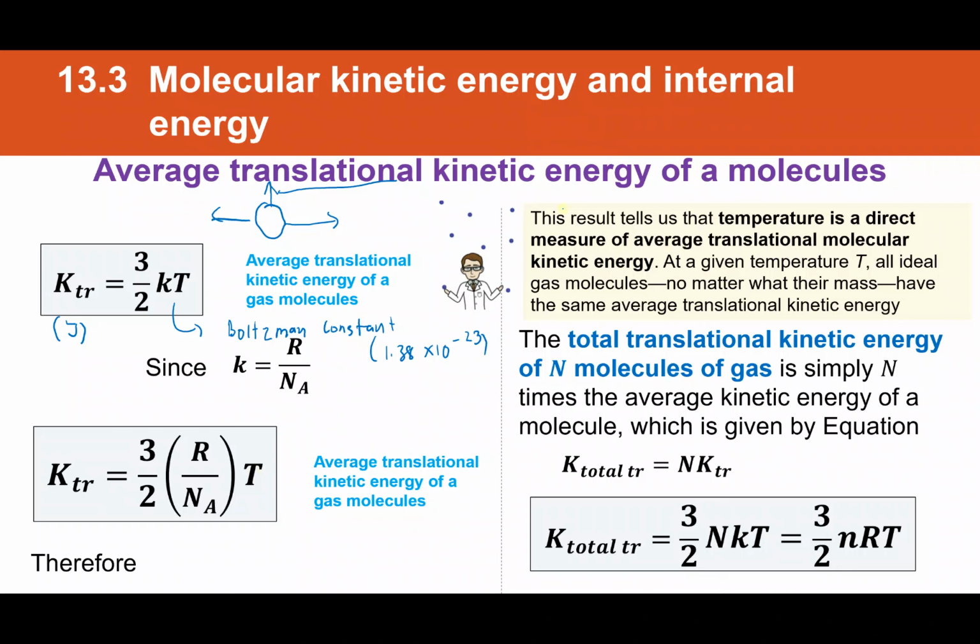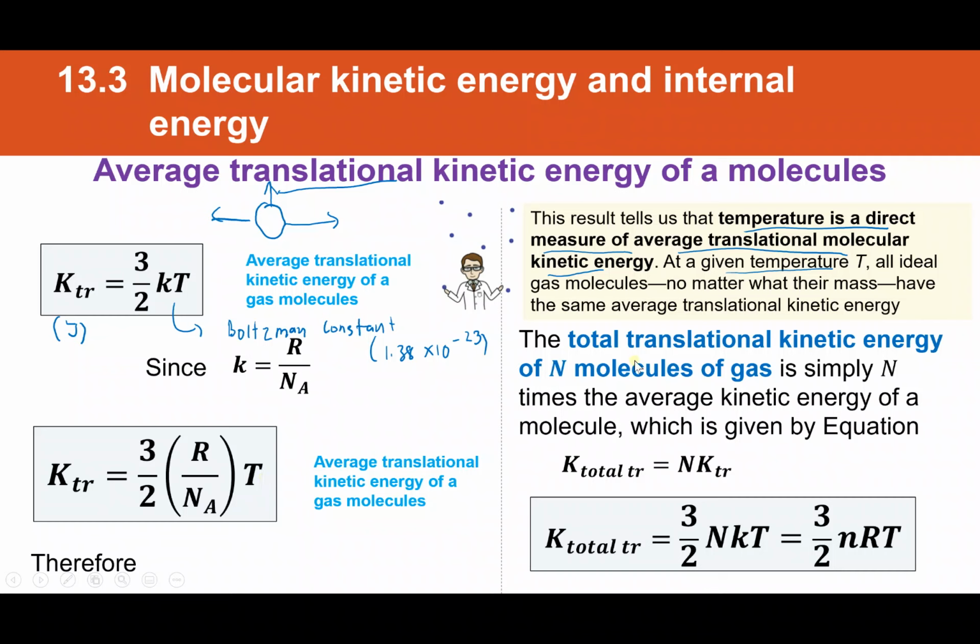Okay, so this result tells us the temperature is a direct measure of average translational molecular energy. So at a given temperature, all ideal gas molecules, no matter what their mass, have the same average translational kinetic energy. Okay, so basically daripada sini apa yang kita perasan adalah tak kisahlah molecules tu mass dia berapa, tetapi because it depends on the temperature, so the translational kinetic energy dia would be the same.